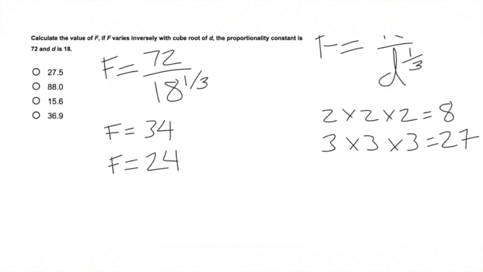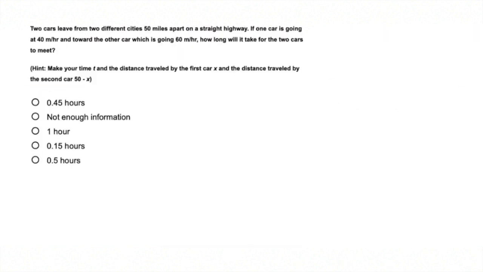F is a number between 24 and 36. And if you look at our options, there's only one that falls between those two numbers, and that is 27.5.